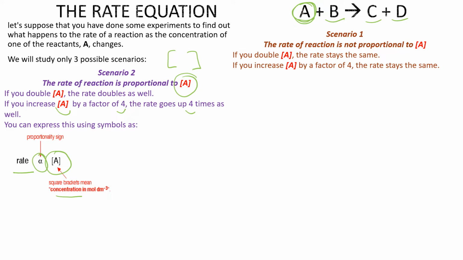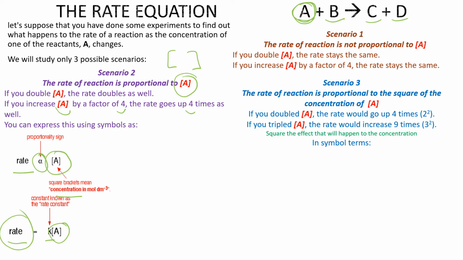The constant that we will introduce now is the rate constant, which is k. So in our second scenario, rate equals k multiplied by the concentration of A. We always remember that in this scenario, when we double the concentration of A, the rate doubles. Okay? Now the third scenario.